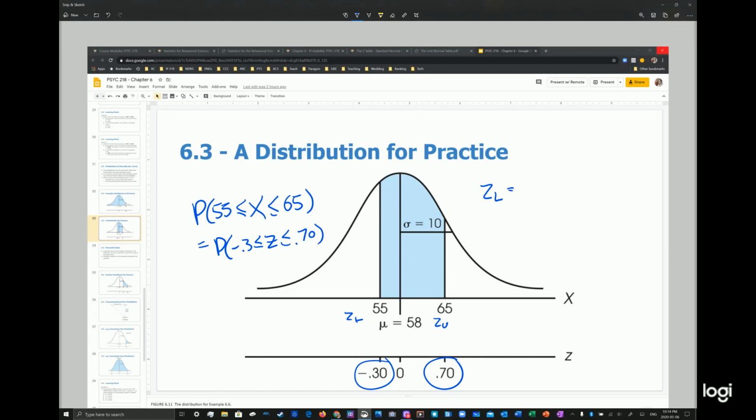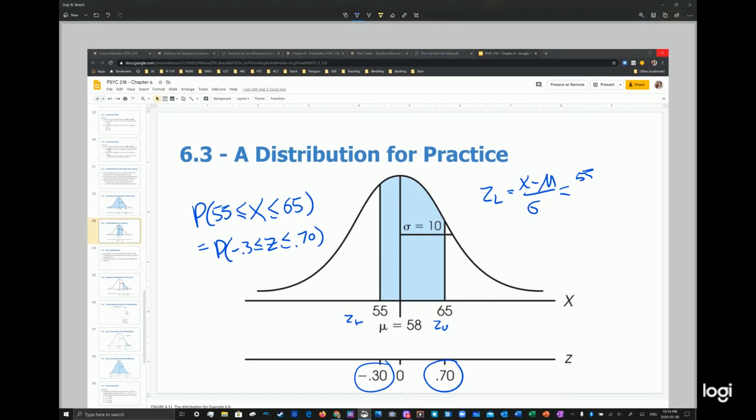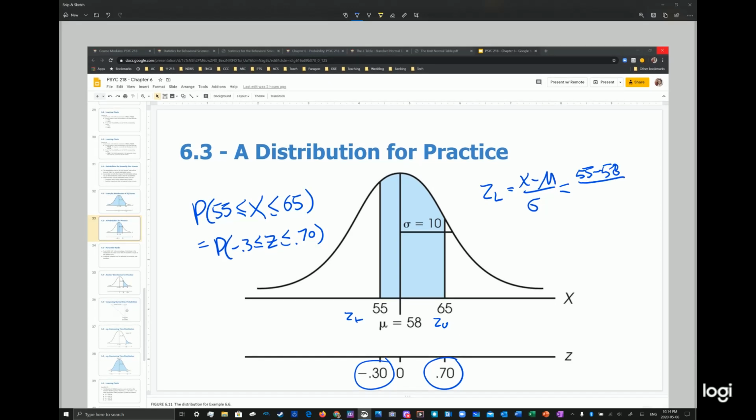Here you go. Well, it's x minus mu over sigma, so it's 55 minus 58 divided by 10. Well, that's negative 3 over 10, which is negative 0.3. And very quickly you'll see that this is the z upper.